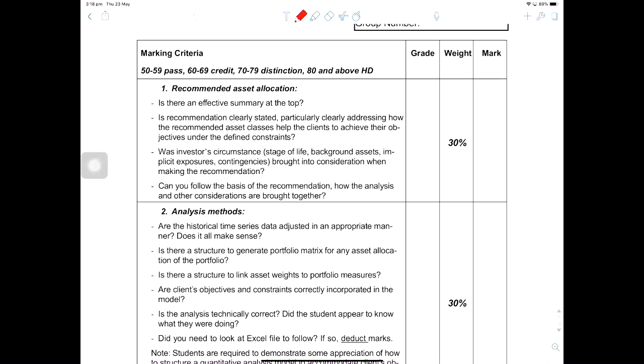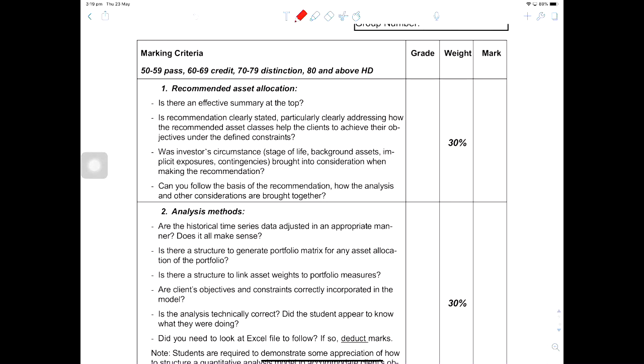And also, if you advise commodity in your total portfolio, you have to understand that Australia is a commodity economy, and there's already commodity exposure in the Australian economy. So Australian assets, no matter whether they are equity, fixed income, or property, you already have exposure to property there. So these are the background assets or implicit exposures.